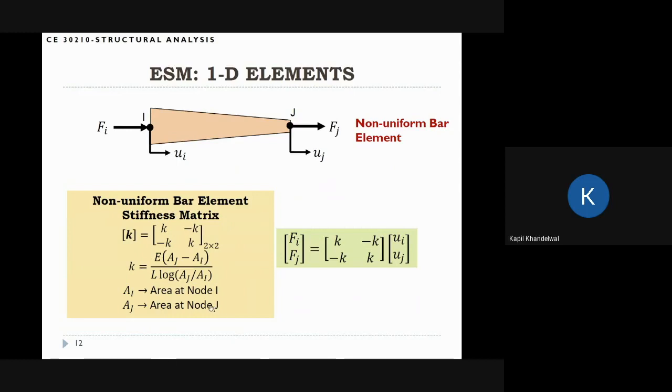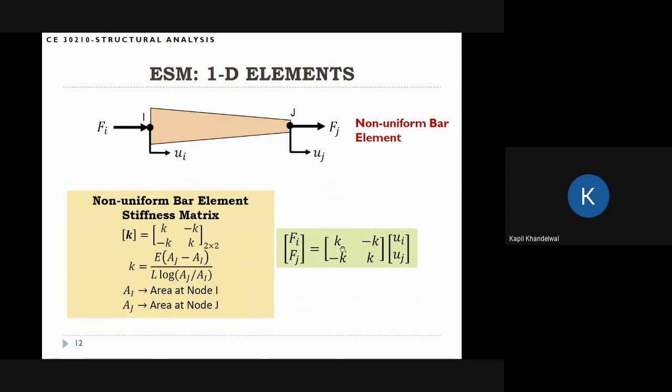You can say E by L times AI minus AJ log of AI divided by AJ. Both calculations will give you the same answer. And finally, the forces can again be expressed using the stiffness matrix. This is the stiffness matrix, but you have to make sure that you use the correct value of K, and the K is given by this expression here.